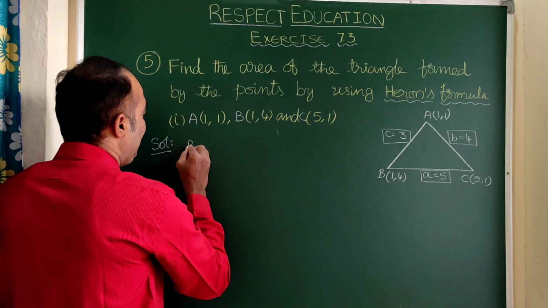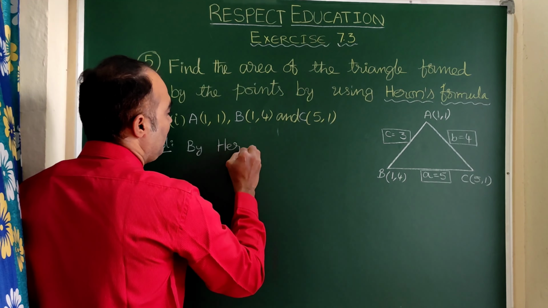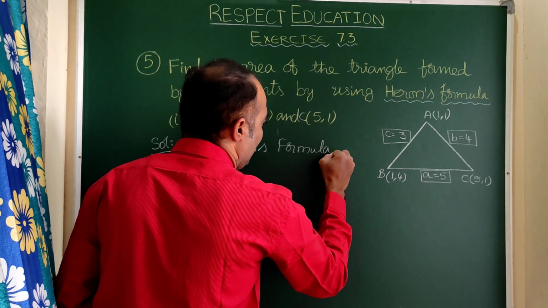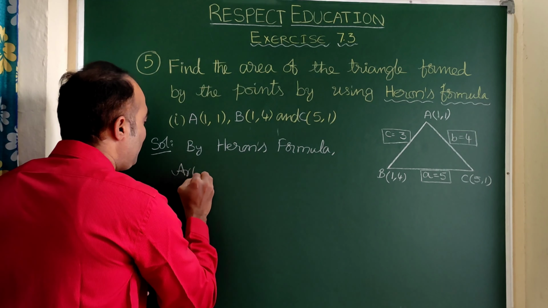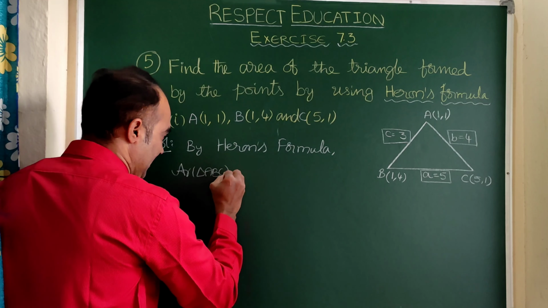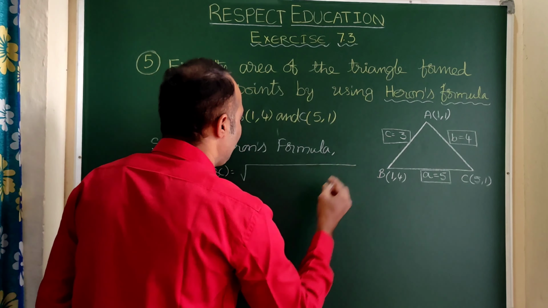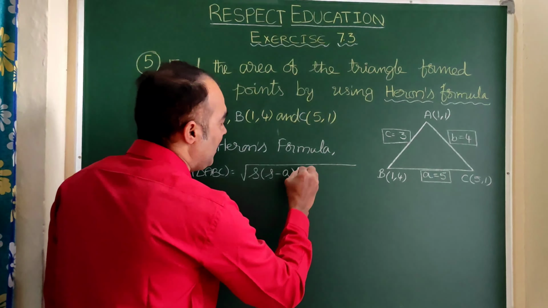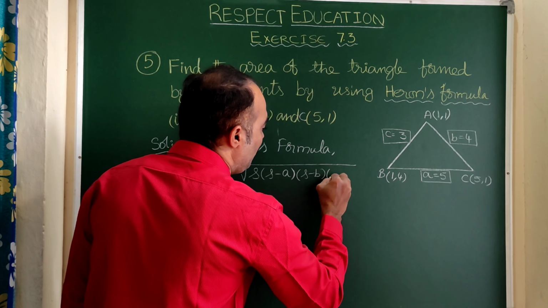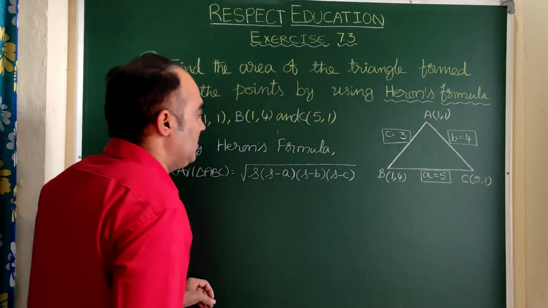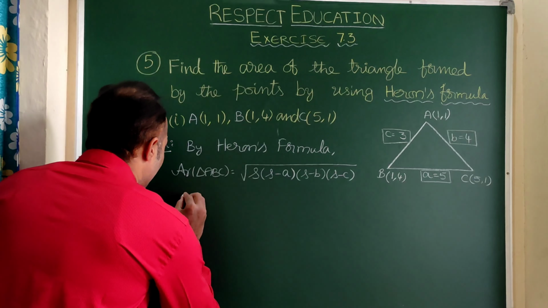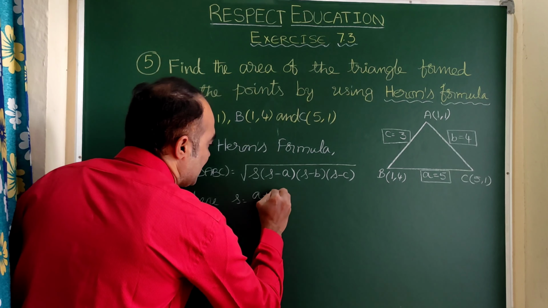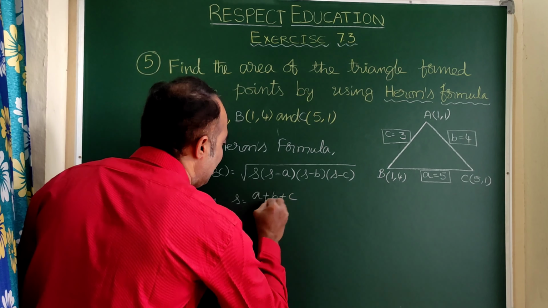So, by Heron's formula, area of triangle ABC is under root S into (S minus A) into (S minus B) into (S minus C), where S is equal to (A plus B plus C) by 2.